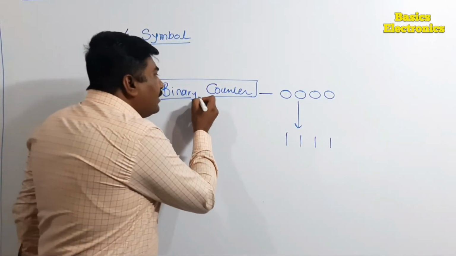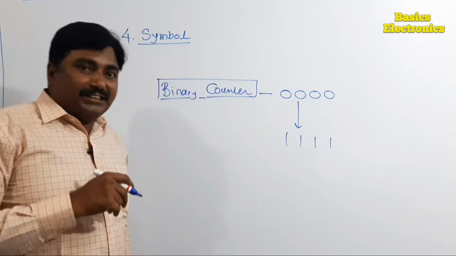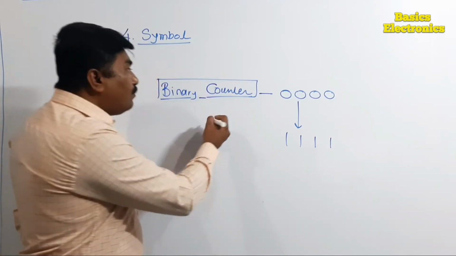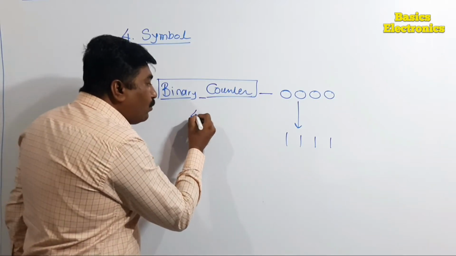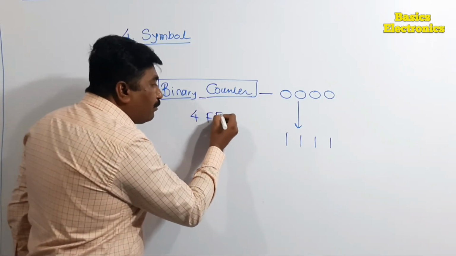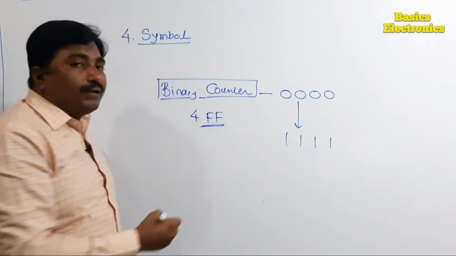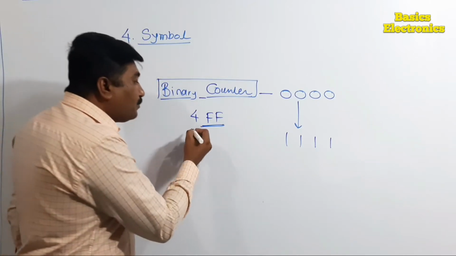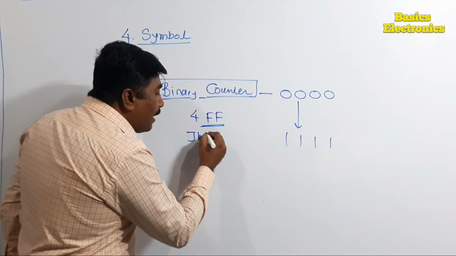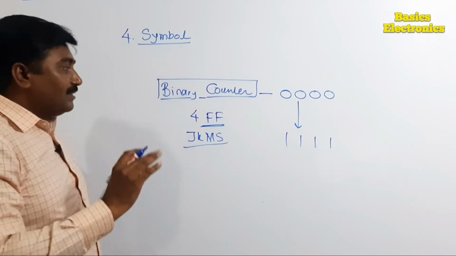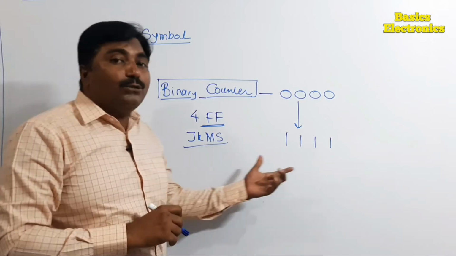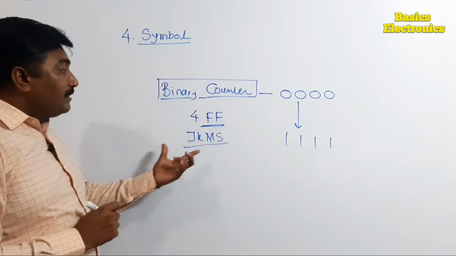But here, if we know how it is constructed, for the construction of this 4-bit binary counter, we require to use 4 flip-flops, and these flip-flops are JKMS flip-flops. The name is very long, but I use it as a short name.